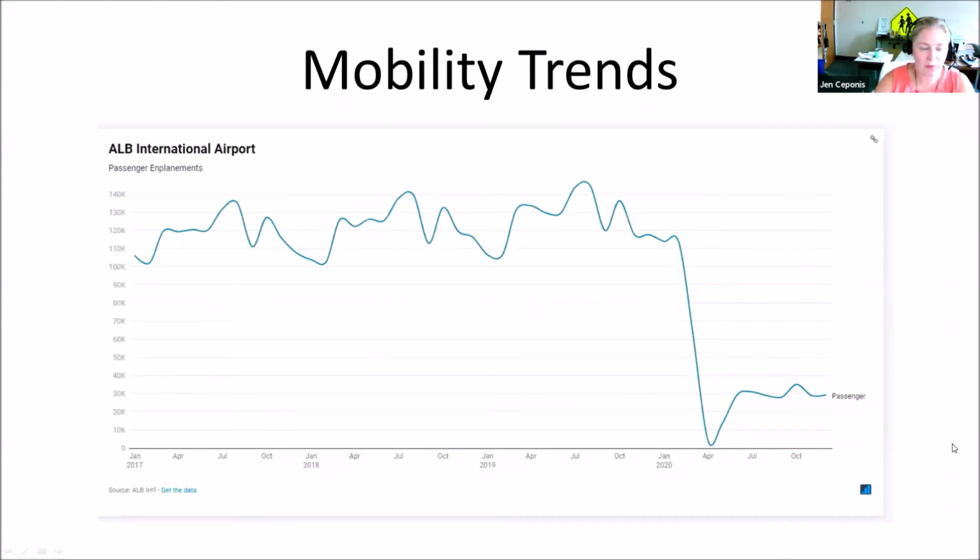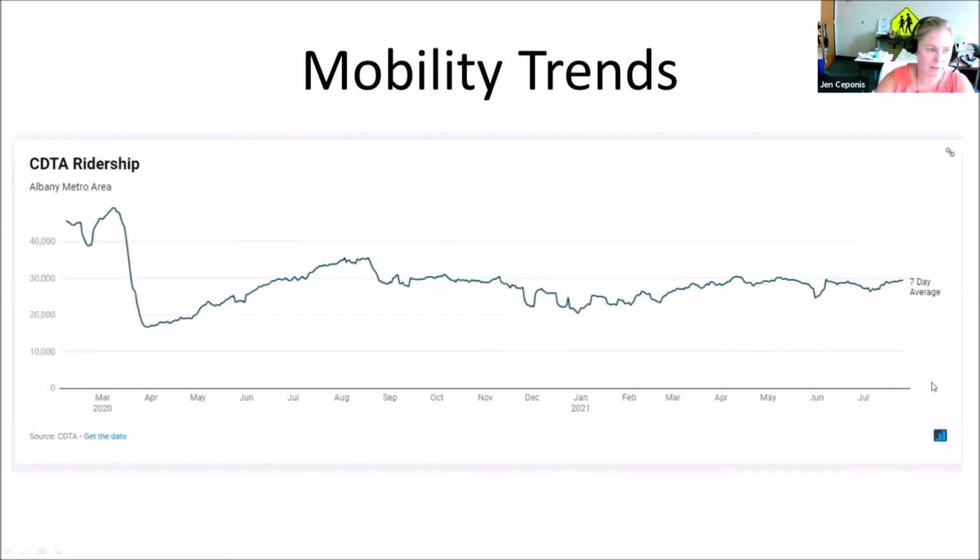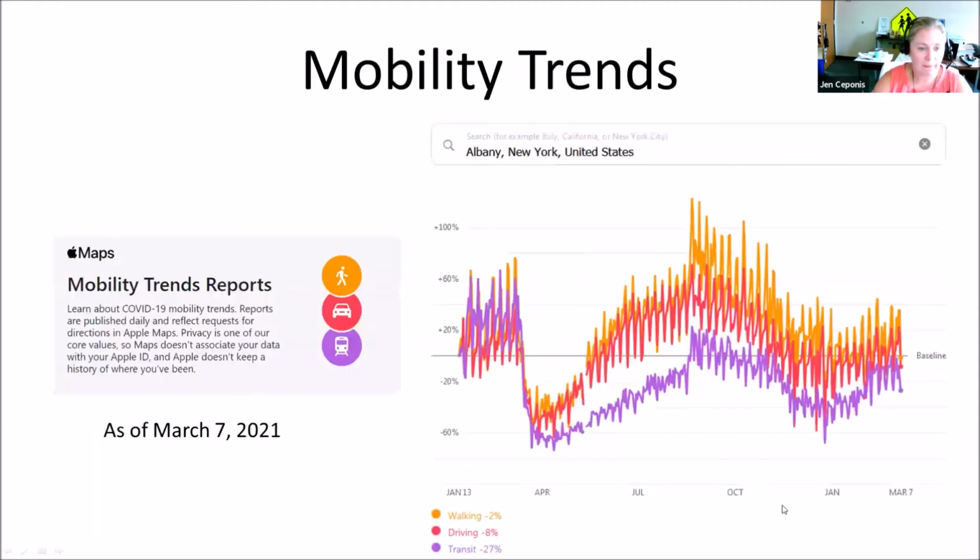Other related mobility trends, of course, air travel, especially by passengers, also plummeted. We saw commercial travel kind of dip and then rebound a bit. CDTA ridership also declined and is still trying to recover.